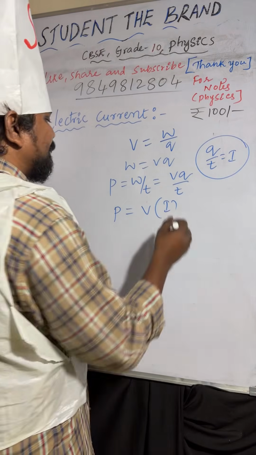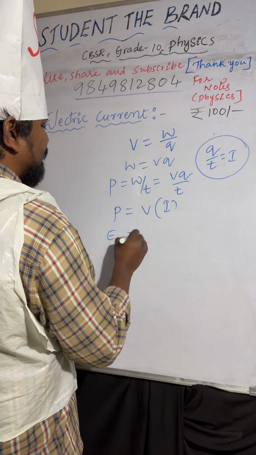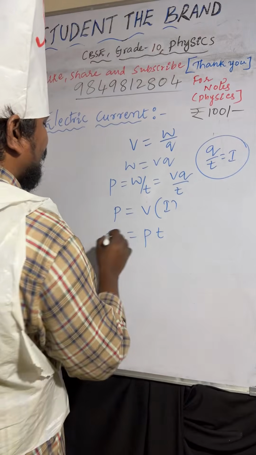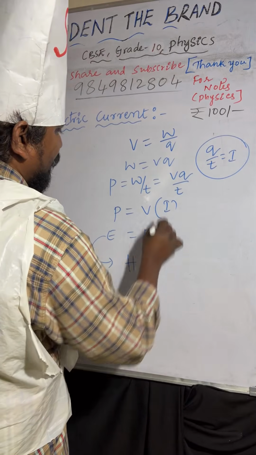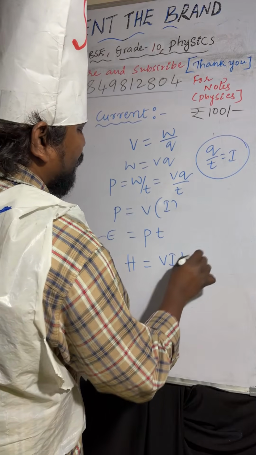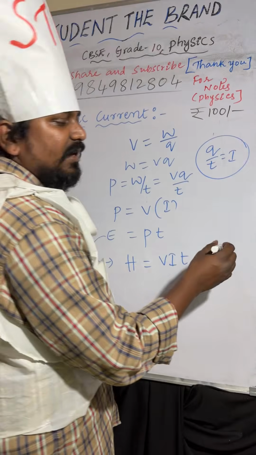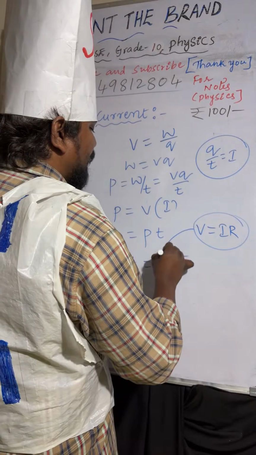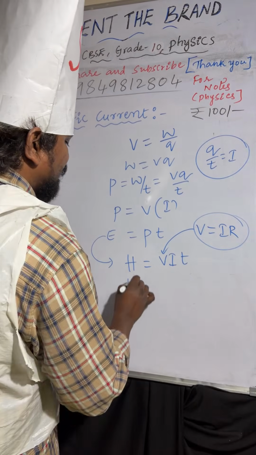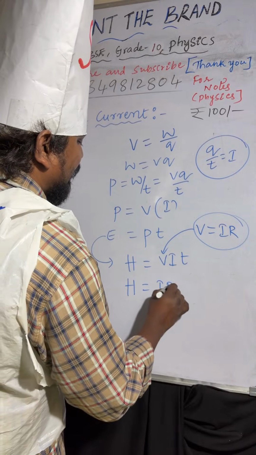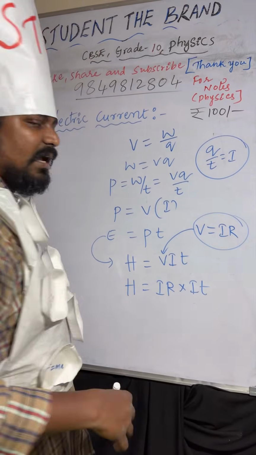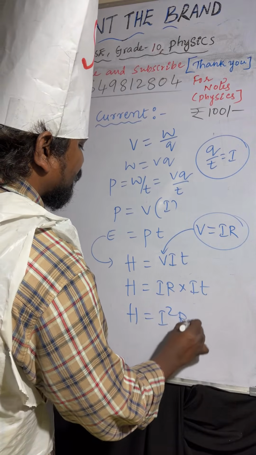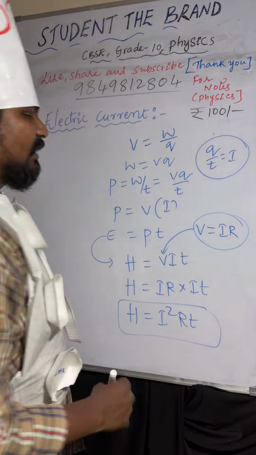Okay, so now we can take E equal to energy given to the conductor, P into T. Whatever the energy that will be converted in the form of heat, H equal to VI into T. We know that V equal to IR. Substitute V in the place of V, then you will get H equal to IR into I into T. Then you will get H equal to I square RT.